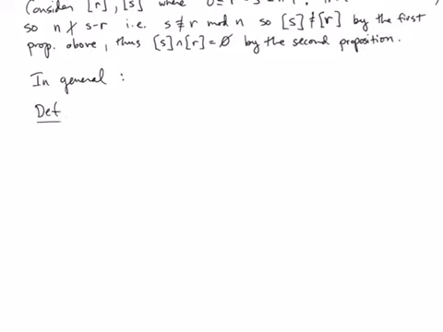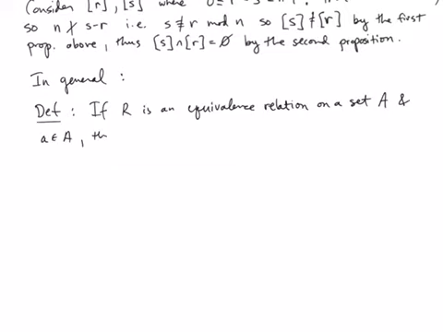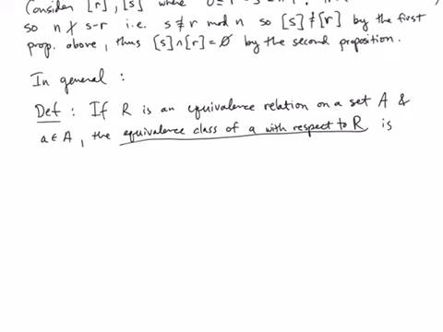we have a definition. If R is an equivalence relation on a set A, and a is in A, the equivalence class of a with respect to R is the set, written a in brackets.